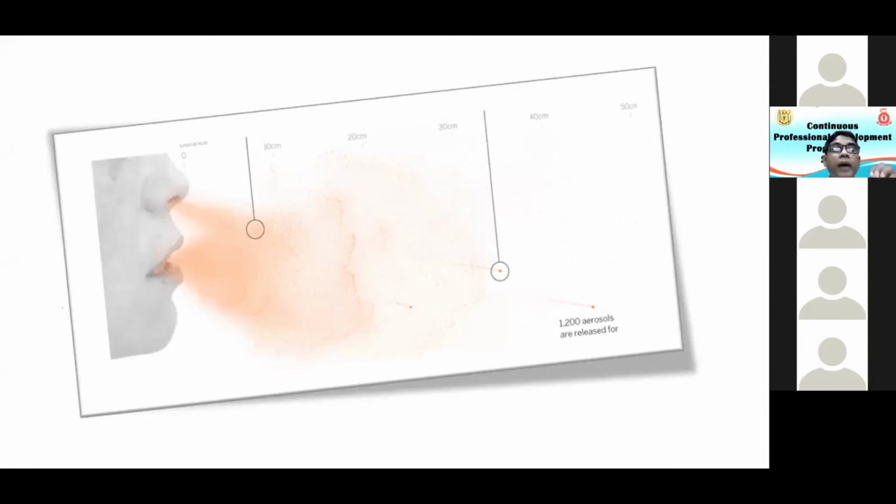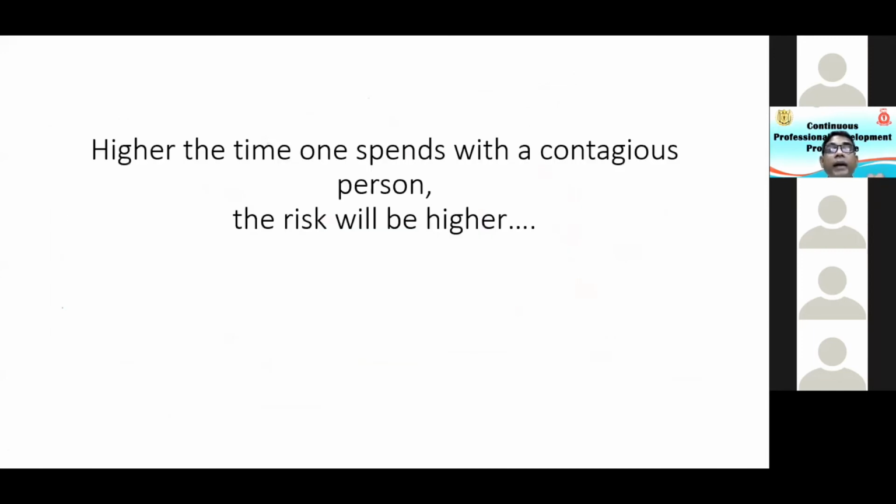You can see the highest amount of droplets is concentrated close to his portal of exit, that is the nose and mouth. As it goes further away from the contagious person, the concentration of droplets will drastically drop. The more time you spend with a contagious person, the higher the risk.